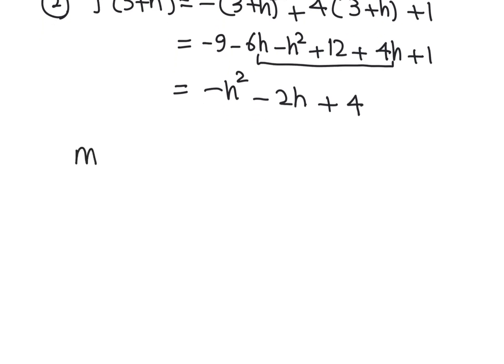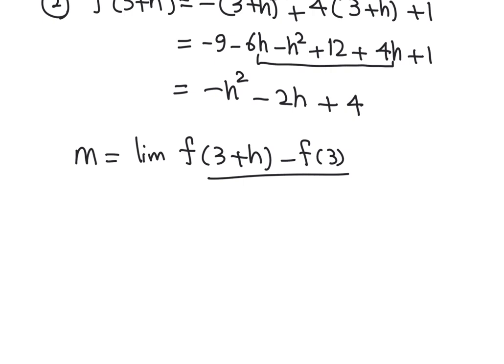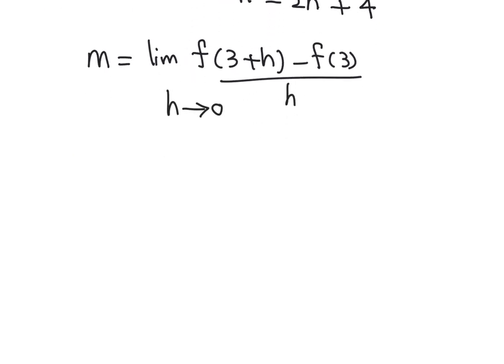So a slope is equal to the limit of f of 3 plus h minus f of 3 over h as h goes to 0. So in this question it equals the limit of, you put all the terms in brackets.